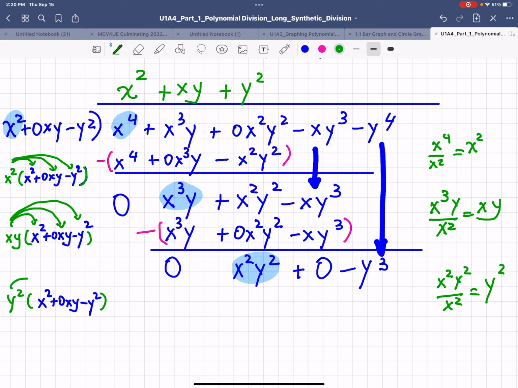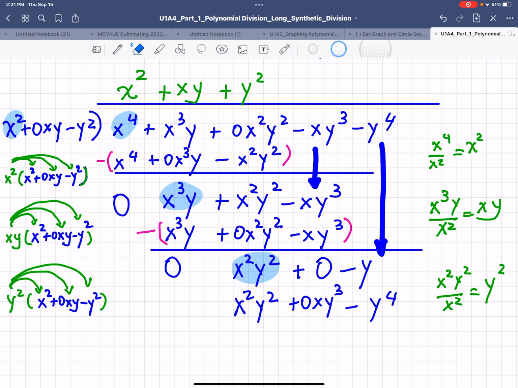Here we go. y squared times x squared will be x squared y squared. y squared times 0xy is 0xy cubed. And y squared times negative y squared is negative y to the 4th. Sorry, I just realized that I dropped down the incorrect power here, so that's a power 4.